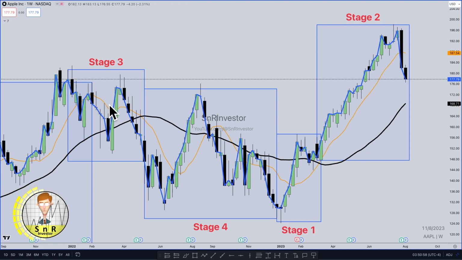So you can see that the start of stage 4 was marked with the crossover between the 10 and the 30 week moving average, and you can see that it begins the downtrend. And if you were to use the orange as an early sign of potential change, it can work sometimes but not all the time.